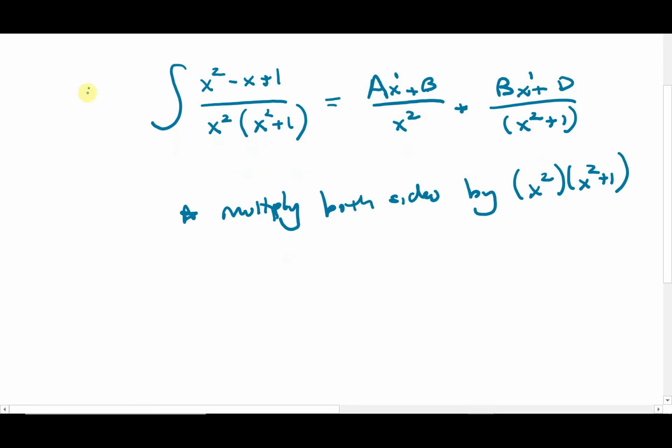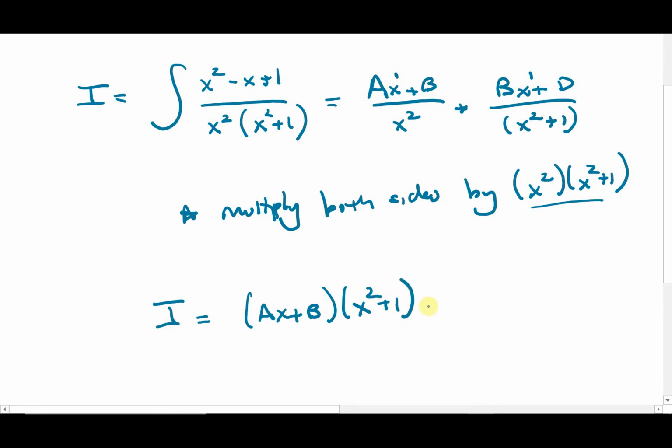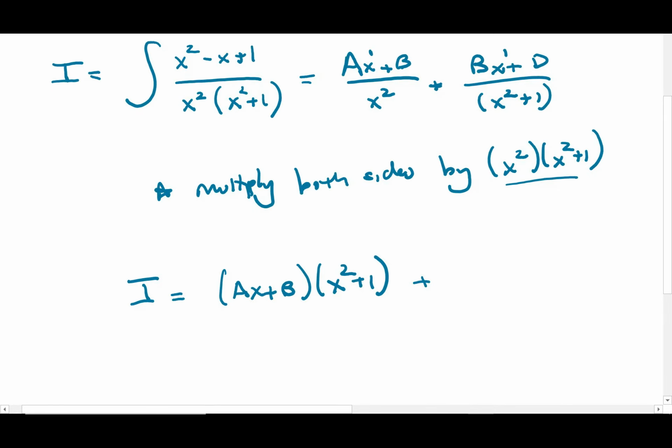So basically now, the integral equals, the x squared cancels. If we multiply ax plus b times this whole term right here, we notice the x squared over x squared cancels, so it's ax plus b times x squared plus 1, and then plus, so that's the key, we're multiplying.